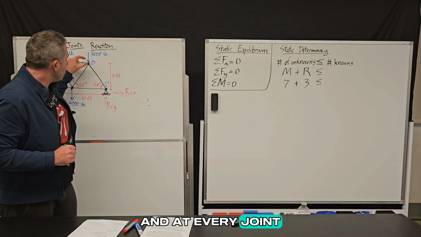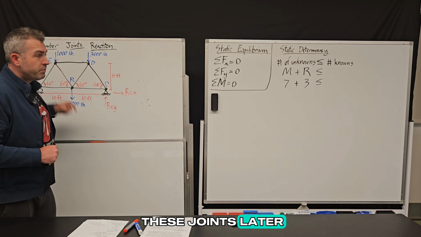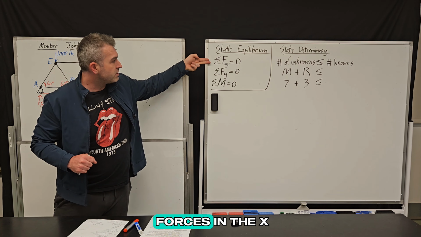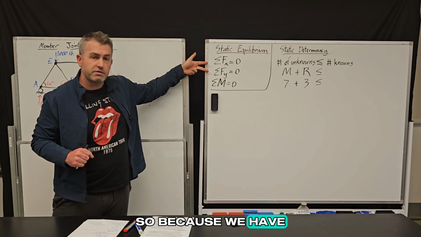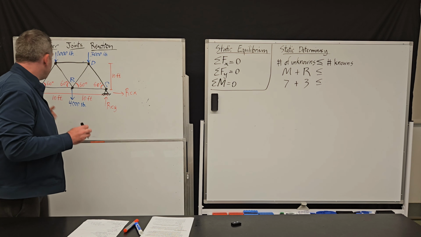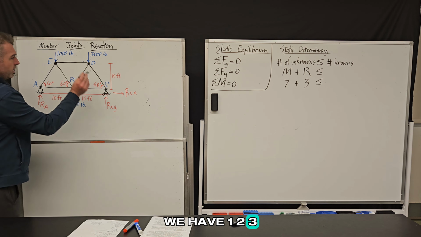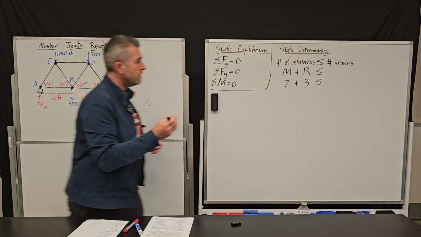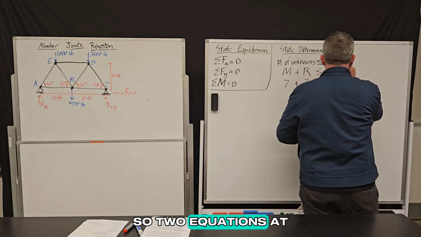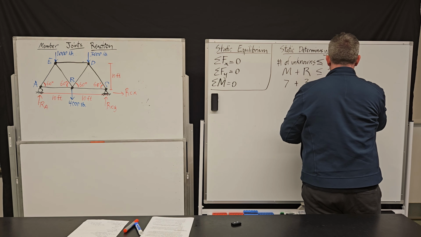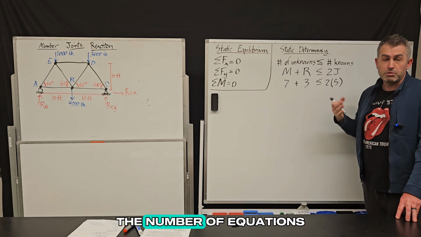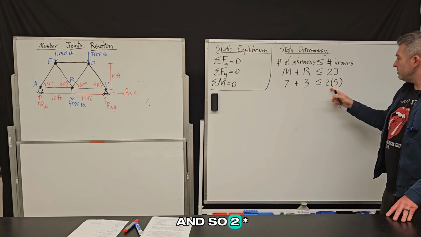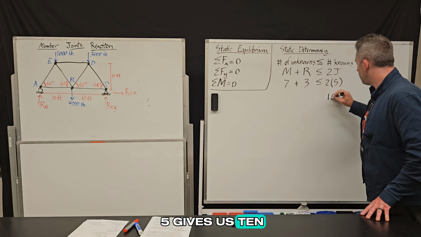And at every joint, when we start analyzing these joints later, we'll be able to check that the sum of the forces in the X is 0 and that the sum of the forces in the Y is 0. So because we have 2 equations at each joint, we have 1, 2, 3, 4, 5 joints. So 2 equations at each joint is the number of knowns that we have at our disposal, the number of equations. And so 2 times 5 gives us 10.